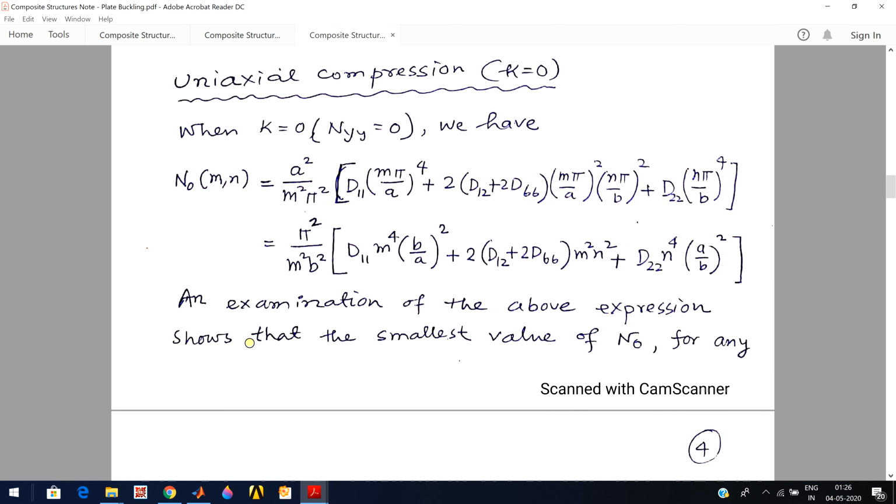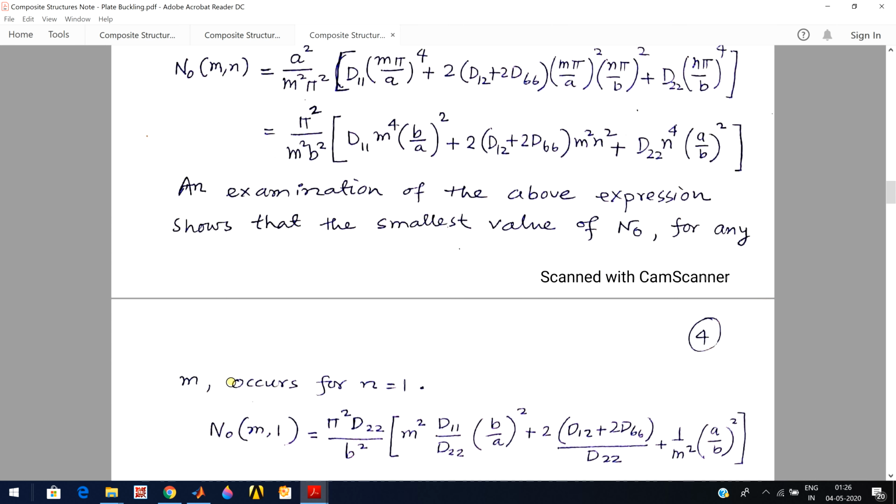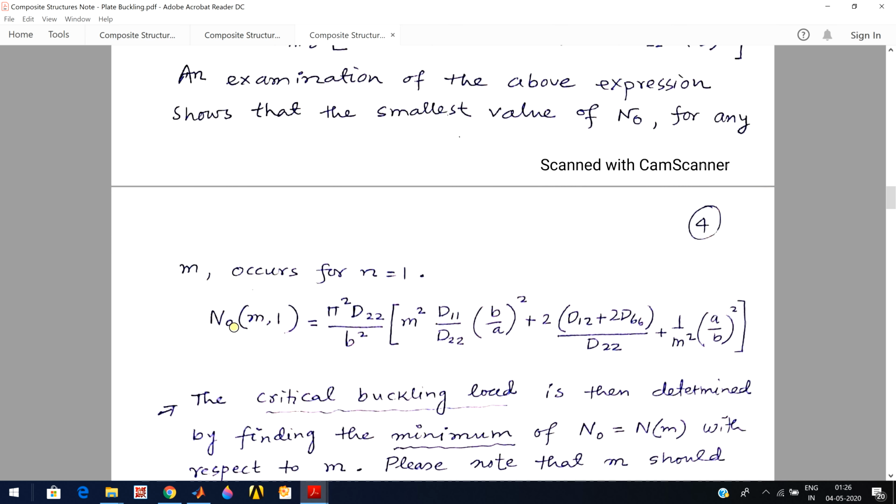So if we examine this equation, then you can see this will be minimum for n equal to 1, and then n0 will be a function of this. So here there will be m square, and in this term there is 1 divided by m square.